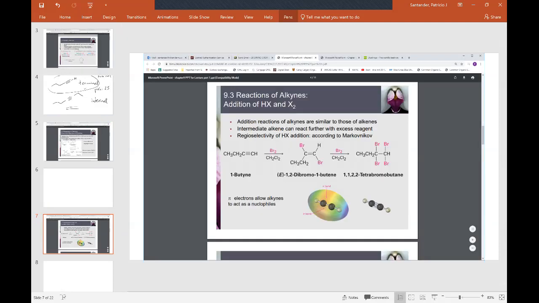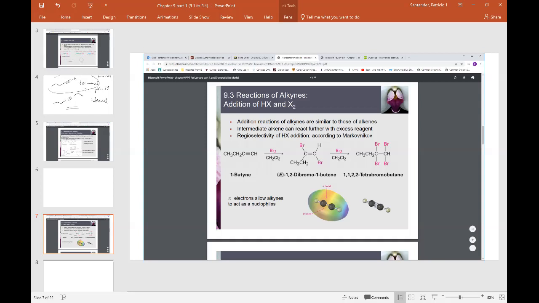Then the next thing that we need to see is the preparation of alkynes. How do we prepare alkynes? Well, the good news is that there is a similar way as the preparation of the alkenes. Alkenes, we were making by dehydrohalogenation of alkyl halides.